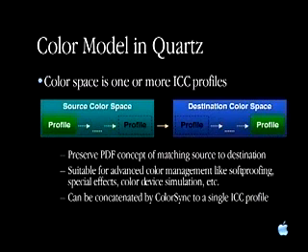This way we are able to preserve the PDF concept of matching a single source to a single destination. But at the same time, we are able to create those complex color transformations which are suitable for advanced color management. And if the need arises for such a color space to be embedded in PDF, the multiple profiles contained in such a color space can be concatenated by ColorSync into a single profile.